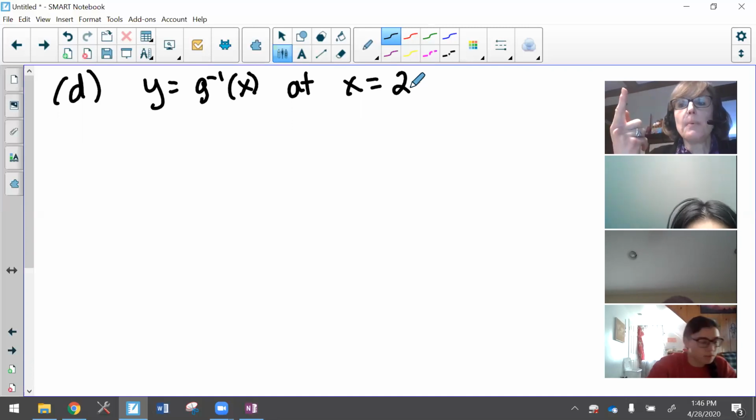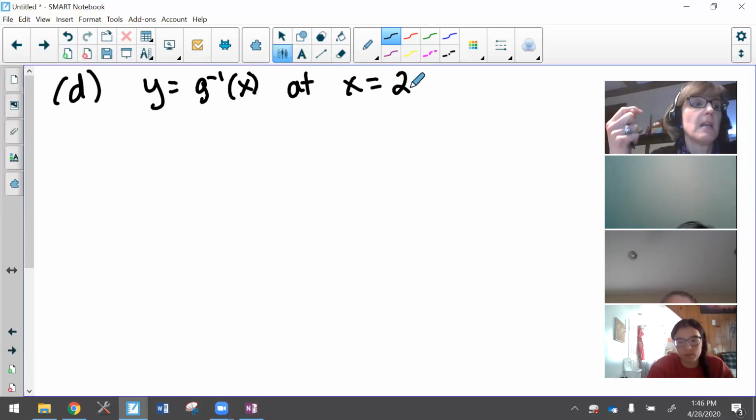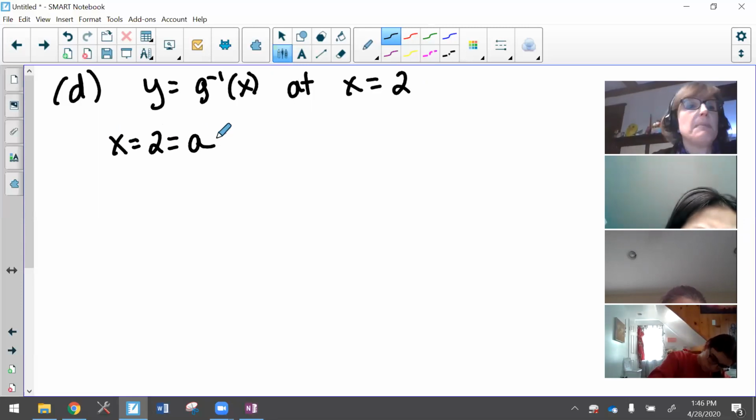I need a slope and a point. The slope is the fancy way of saying what? The derivative. All right, so I am going to let x be equal to 2.